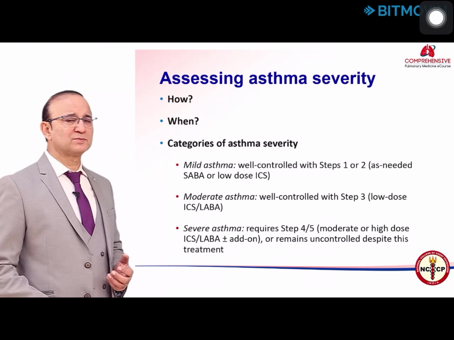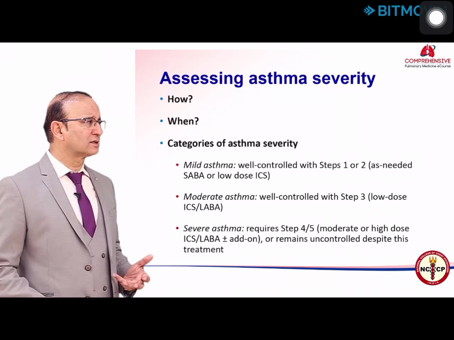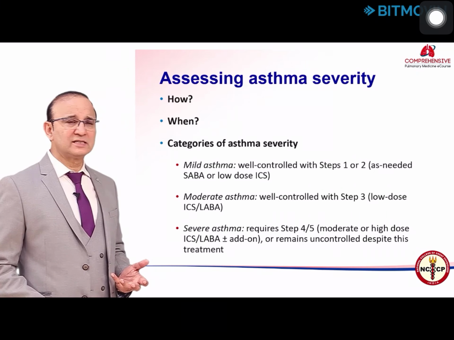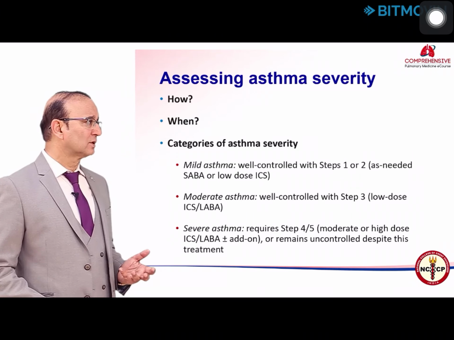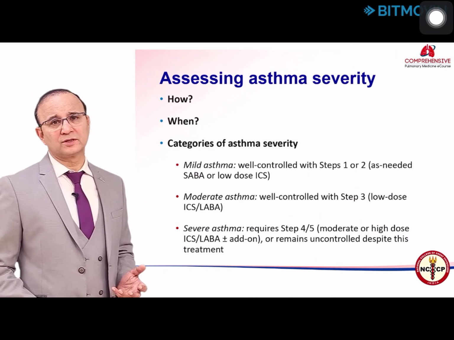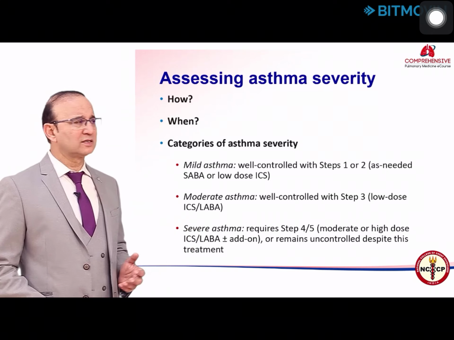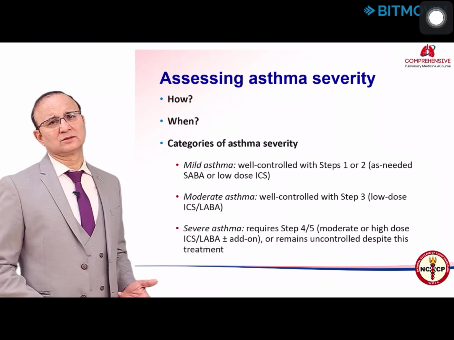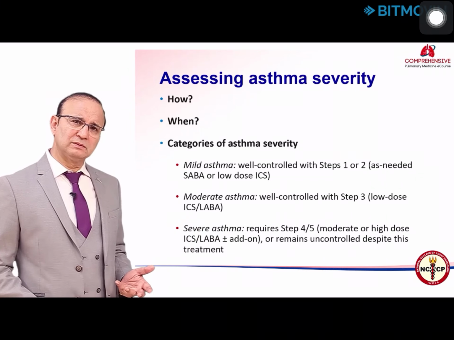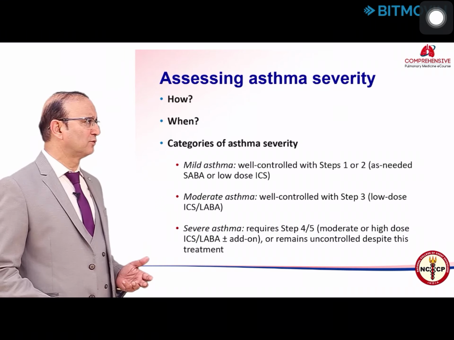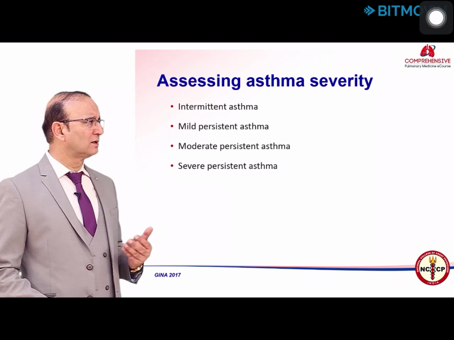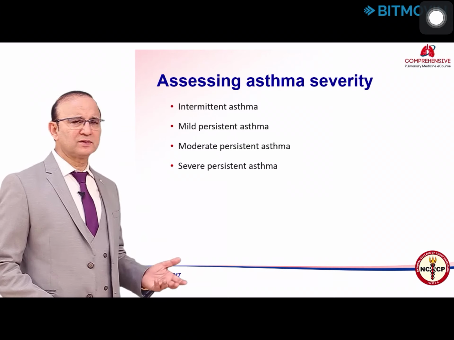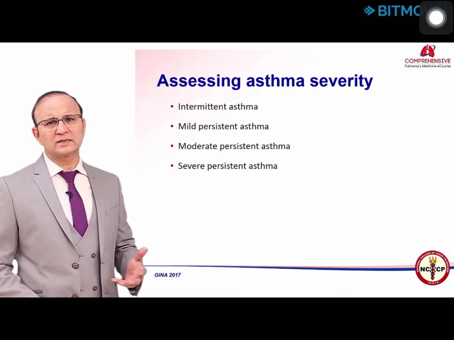And severe asthma is when the patient requires moderate to high doses of ICS, LABA plus add-on or remains uncontrolled despite treatment. Mild, moderate and severe. But other societies have differentiated severity into different forms, like intermittent asthma, mild persistent asthma, moderate persistent asthma and severe persistent asthma. More or less it is the same.